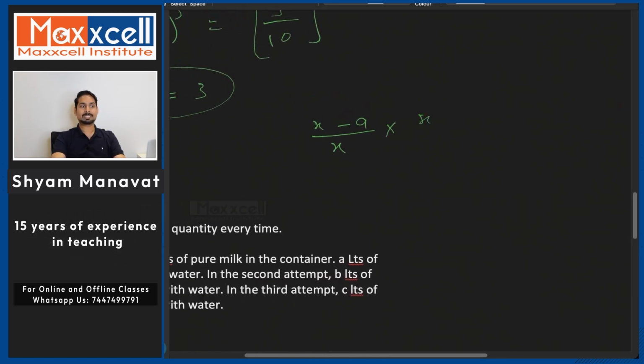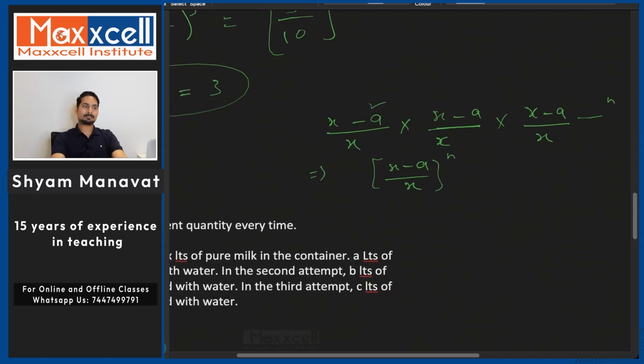So again we multiply with the same ratio, (X minus A) divided by X. If you repeat again the same replacement of A liters, again you multiply by (X minus A) by X. And if you do it n times, we can sum up in a simple small expression as ((X minus A) by X) multiplying itself n times, so this is power n. That's how we get the formula.